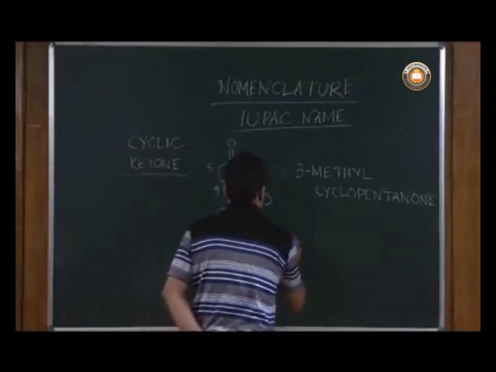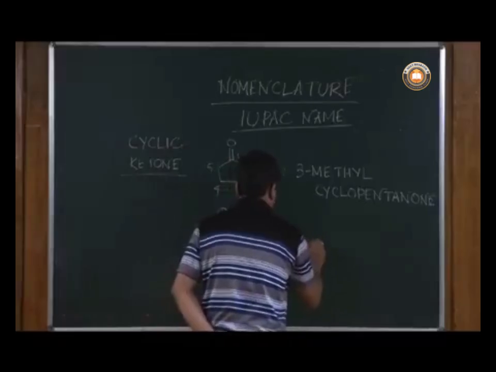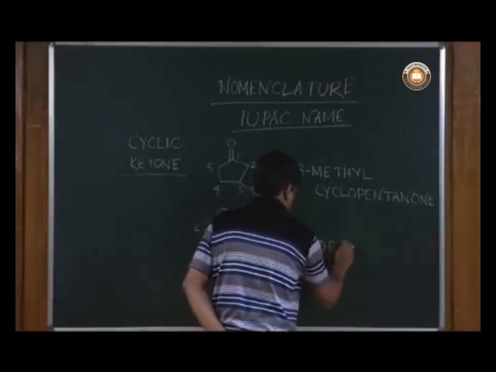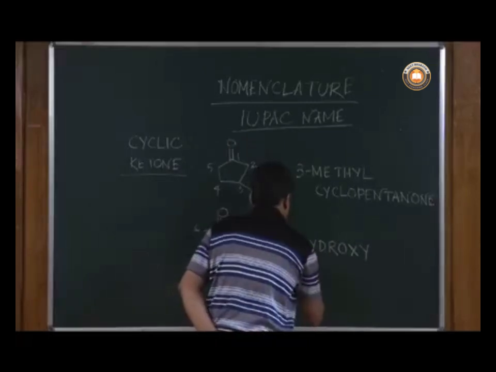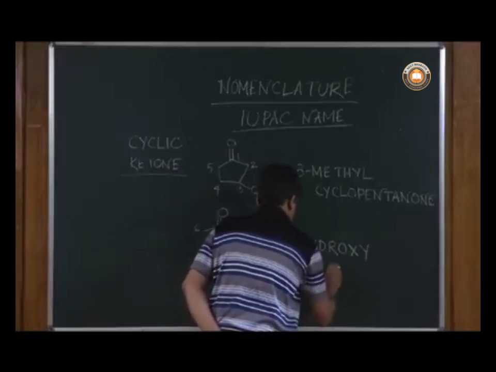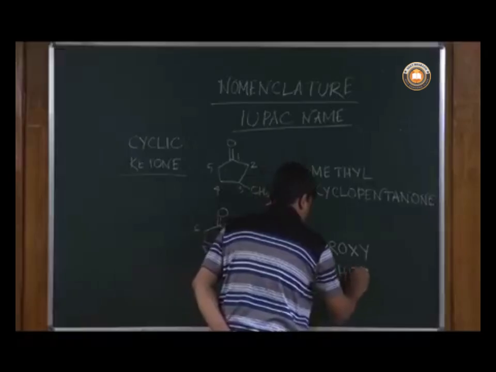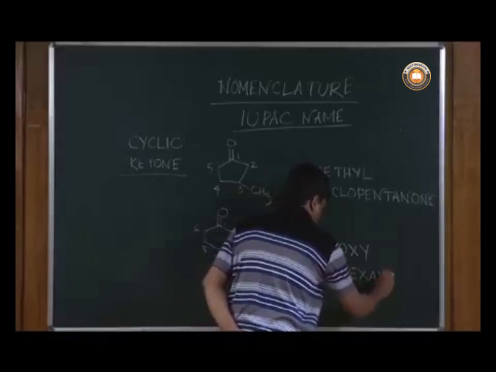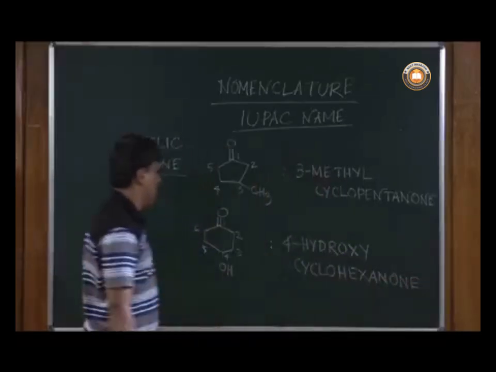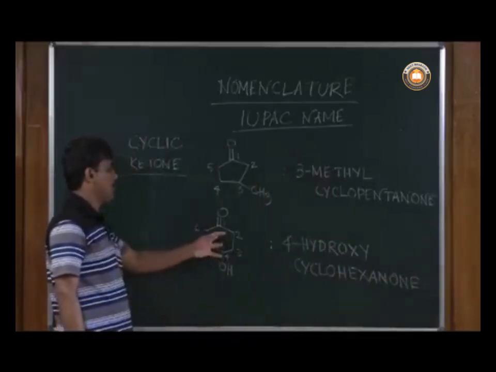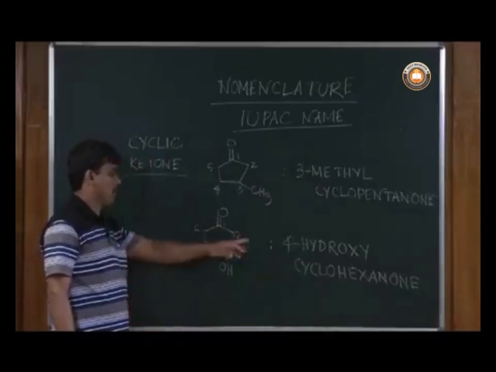This compound can be called 4-hydroxy cyclohexanone. So, cyclohexane is the parent ring here, and then we have to add the one.